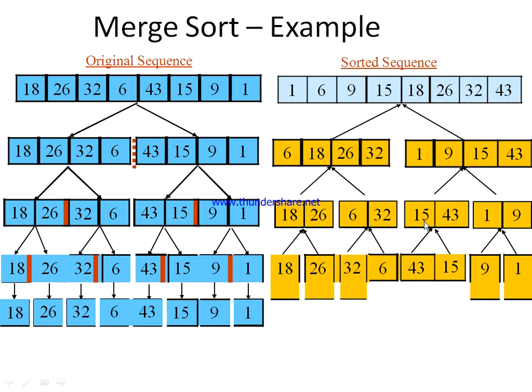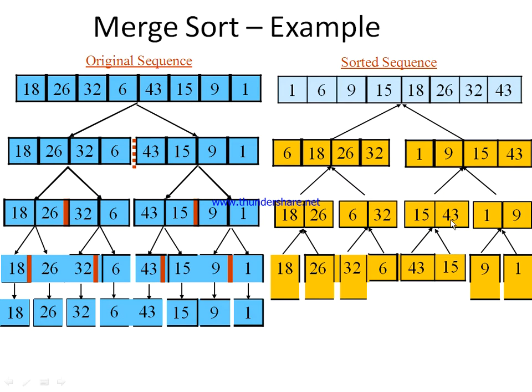1 with 15, swap, and move 15 to 1's position. Next 15 with 43, no swap. Next compare 9 with 1, which is already swapped, so 1 is lowest, no need to swap.